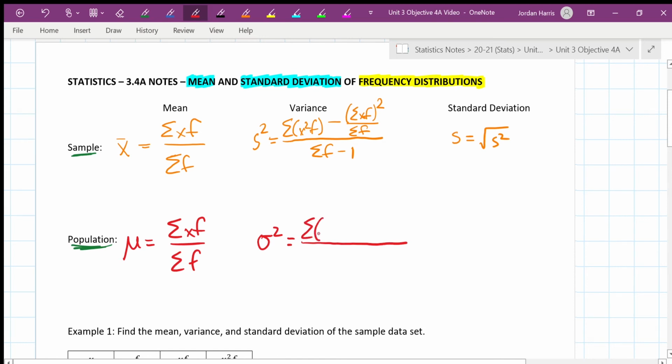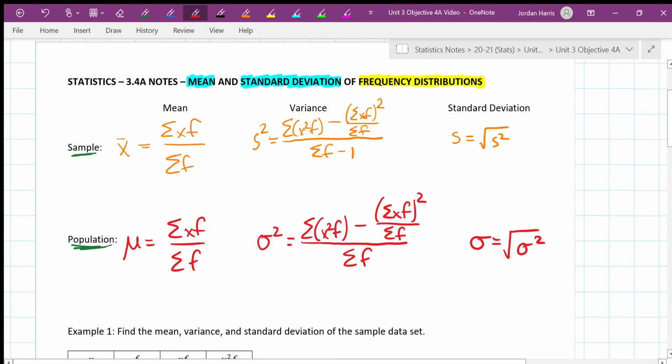So sum of x squared f minus the sum of xf then squared over the sum of f, all over the sum of f. So this one does not have that correction factor. So we just have the sum of f, not the sum of f minus 1. Okay, and sigma, the standard deviation, is the square root of the variance.